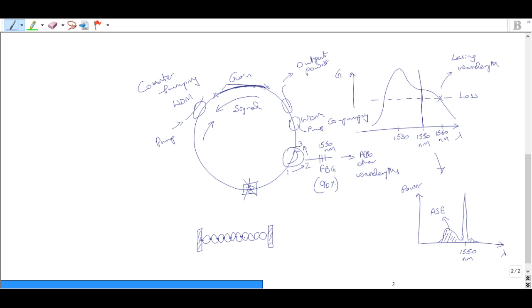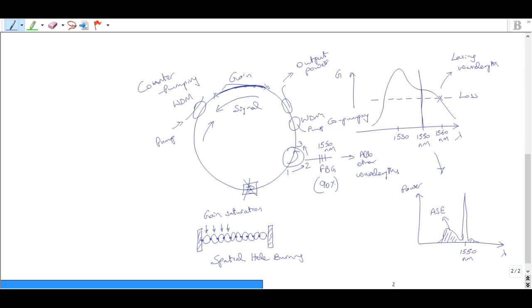At these regions the intensity is actually 0, so you don't have much saturation of the gain, whereas at these regions the intensity is high, and because of that the gain gets saturated. So you have an effect called spatial hole burning that is happening, because spatially the gain is getting saturated, right?